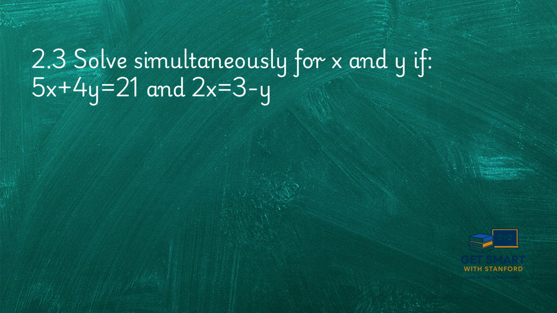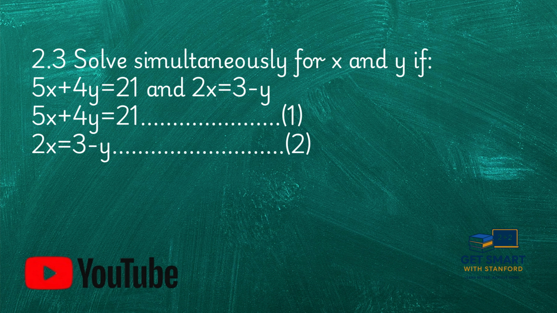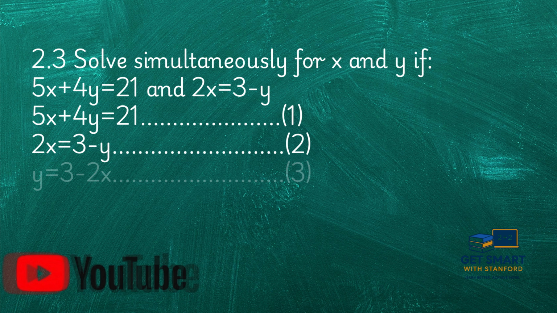And solving simultaneous equations has forever been so simple. Let me show you how. So first, we will make 5x + 4y = 21 the first equation, and 2x = 2 - y the second.